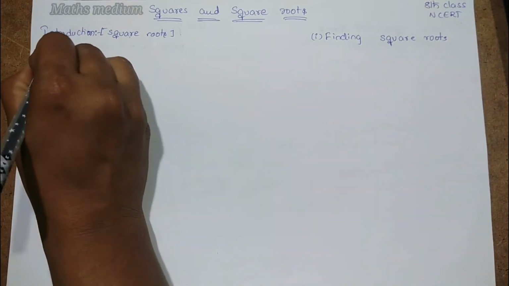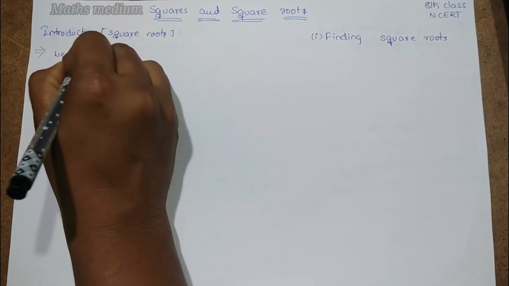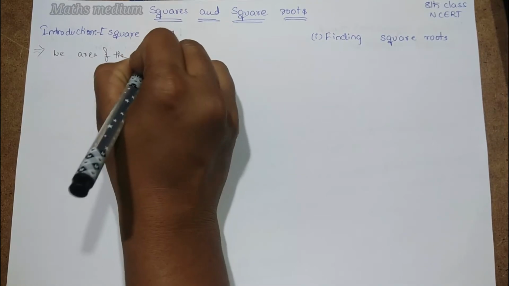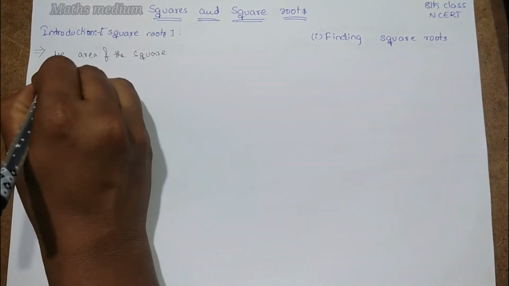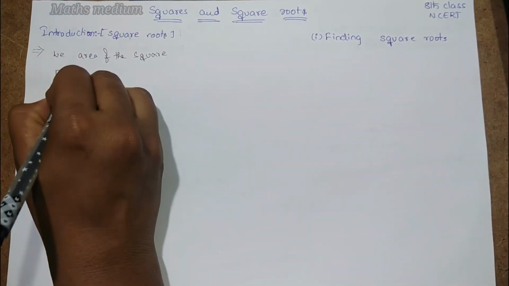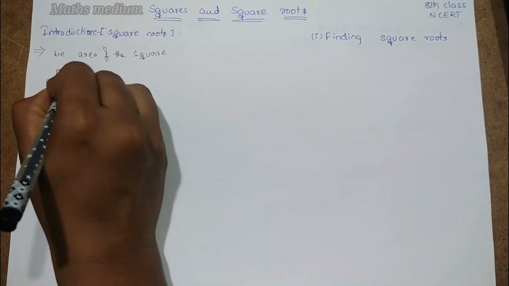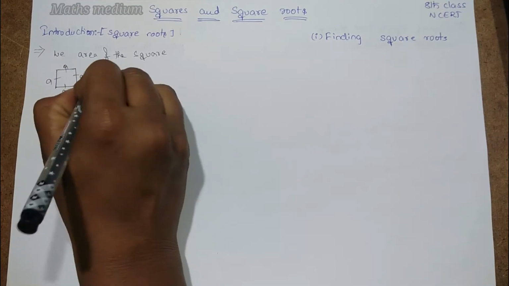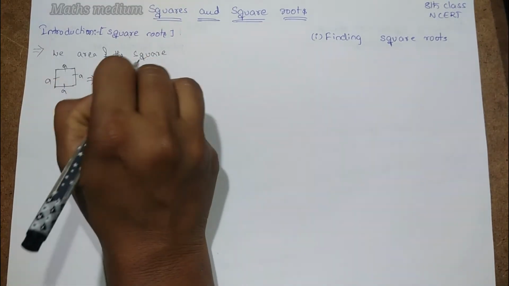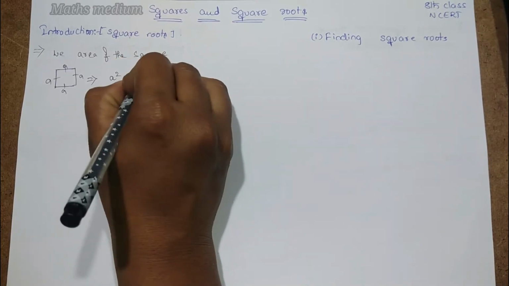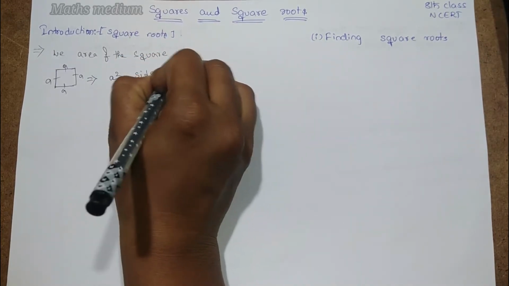Now we know the area of the square, that is, if you take a square with a side A, we know that all sides of a square are equal in length. So how would be the area of a square? We are going to find a square, that is side by side, right?